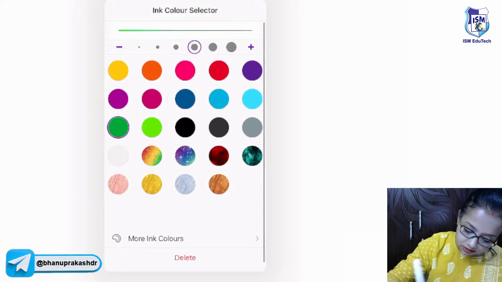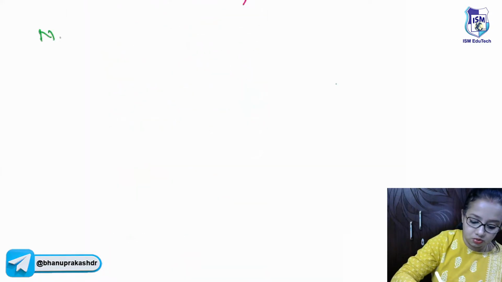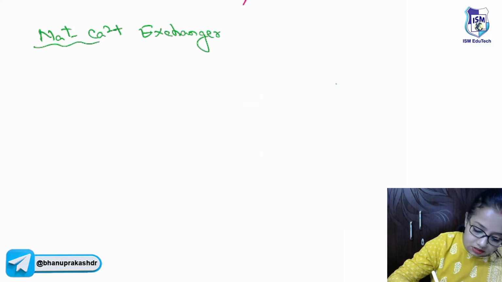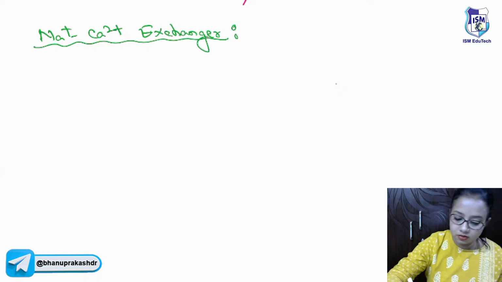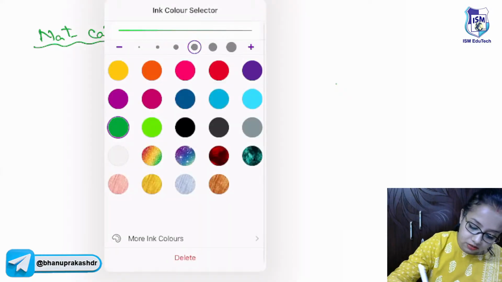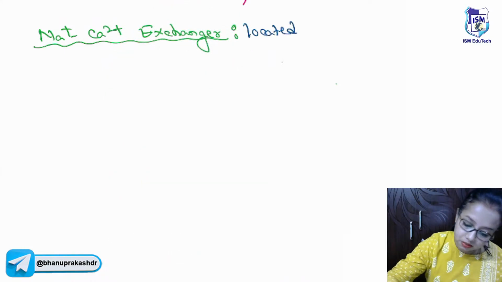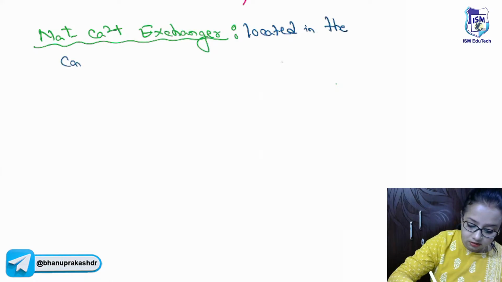Now, talking about an exchanger, the sodium calcium exchanger. So this one, what does it do? This is abundant. It is located in the cardiac muscles mainly.